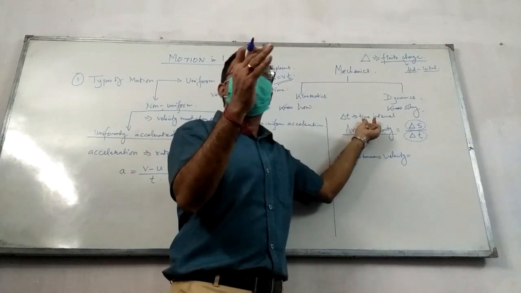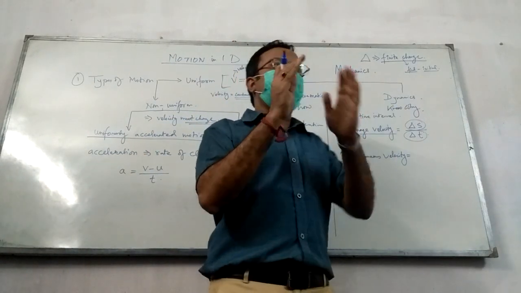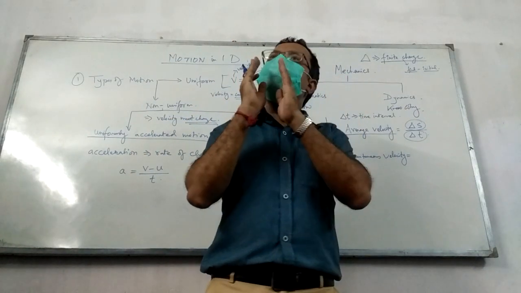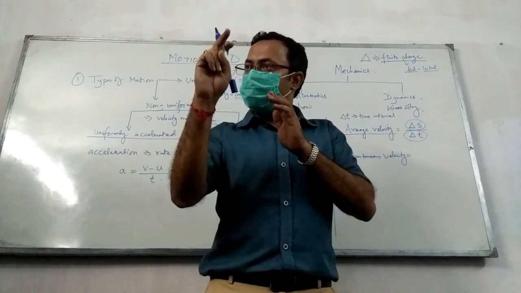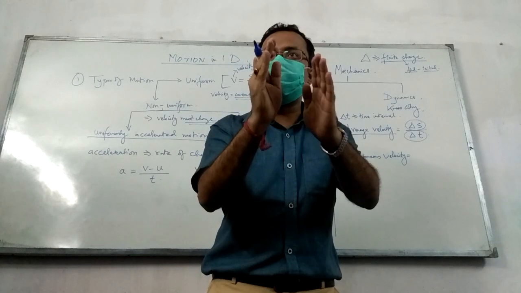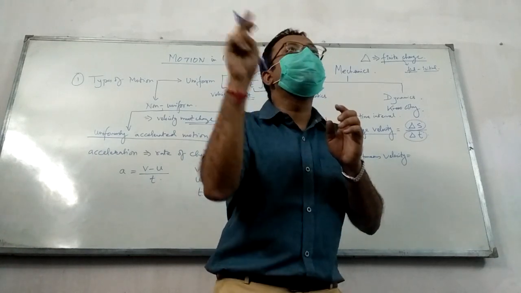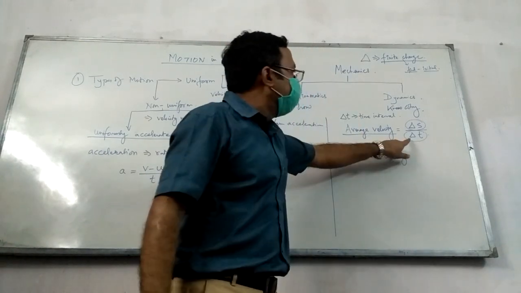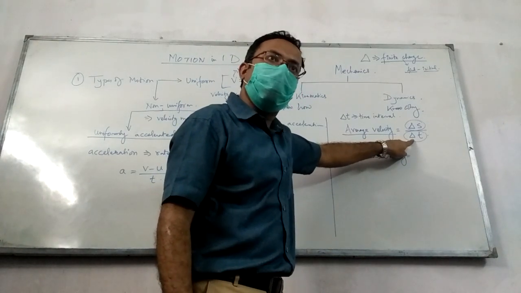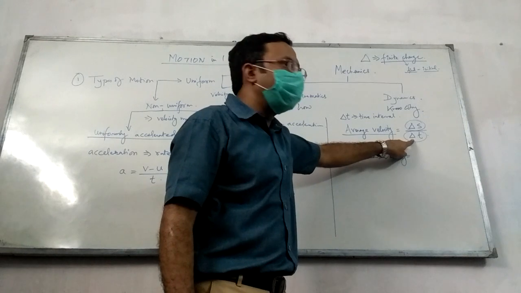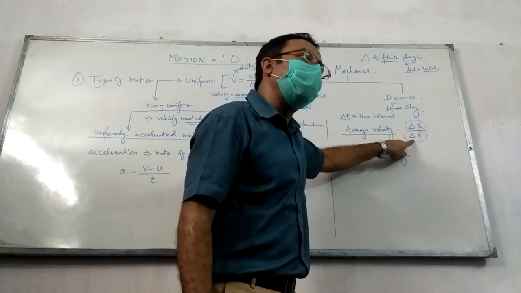So if we are talking about an instant, then for any instant the interval is how much? 0. Right? So whenever we say time instant, delta t is 0. If we put 0 at the denominator, will we get a calculable value? No, it will go to an undefined value, right?